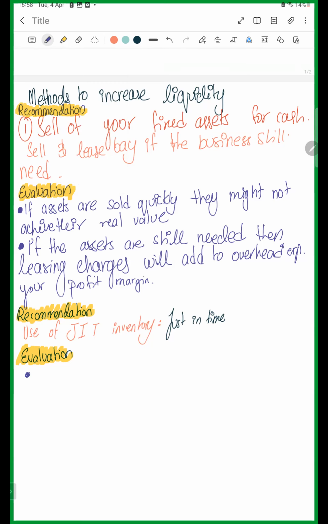But then there is an evaluative point that inventory might be needed. What if there's a sudden increase in demand? Then you will be out of stock. You won't have inventory to produce. And that way you lose your customers, right?